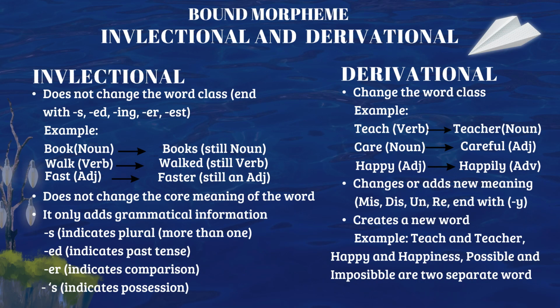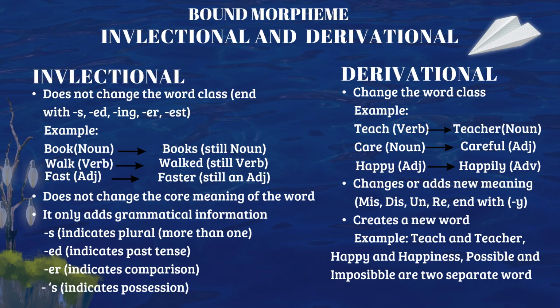And next is bound morpheme, inflectional and derivational. First, inflectional morpheme. The characteristics are simple. It does not change the word class of the original word. For example, book becomes books.